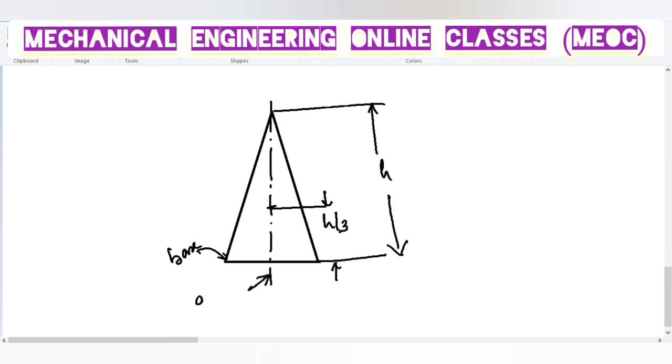This is the axis of symmetry of the triangle. One should always remember these results. From the apex it is at 2/3 of the total height, and from the base it is at 1/3 of the total height.